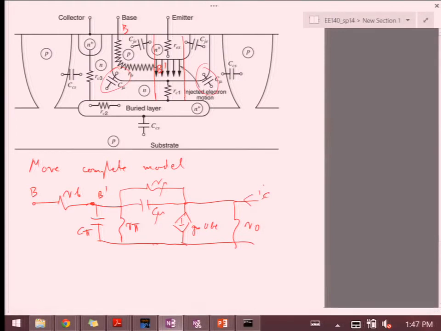In the forward active region, what is the state of that junction? Forward, reverse, what do you think? Between base and collector.